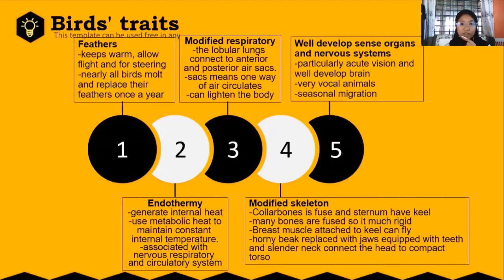Unlike other reptiles, they have parabronchi lungs connected to anterior and posterior air sacs. Air sacs mean one-way air circulates through the lung and gases are continuously exchanged across respiratory tissue. This also can lighten their body and make it easier for them to fly.